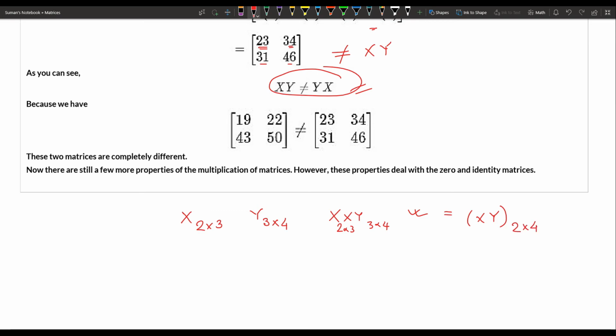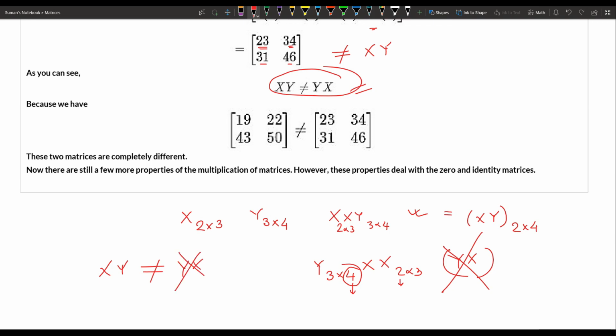Now let's check y of order 3 cross 4 with x on the right hand, that is 2 cross 3. We can see that y has 4 columns and x has 2 rows, so yx is not possible. So simply we can say that xy is not equal to yx, where yx is not even possible.